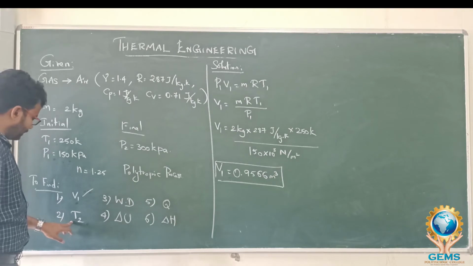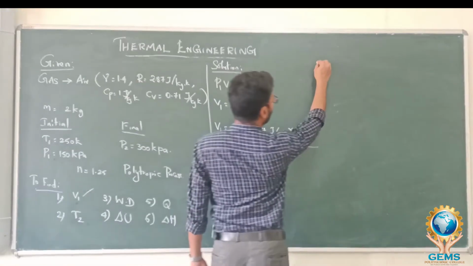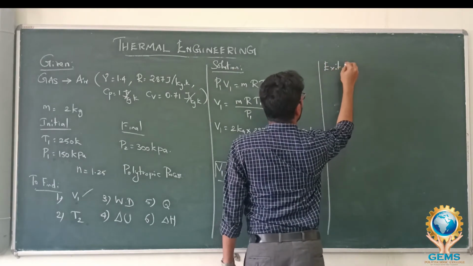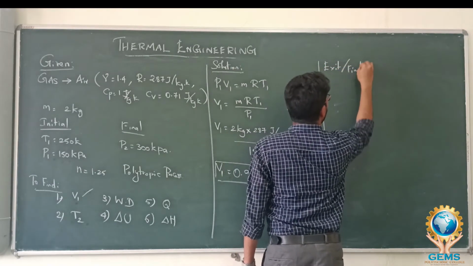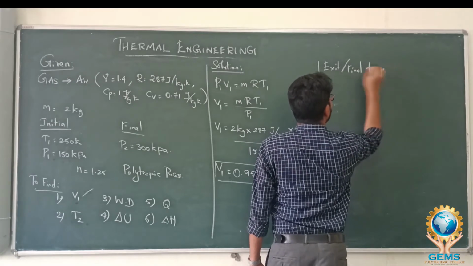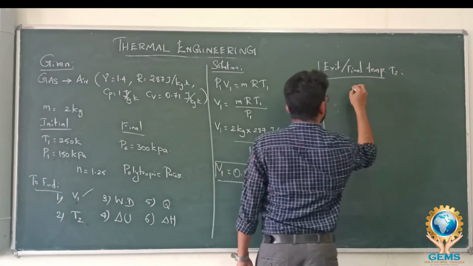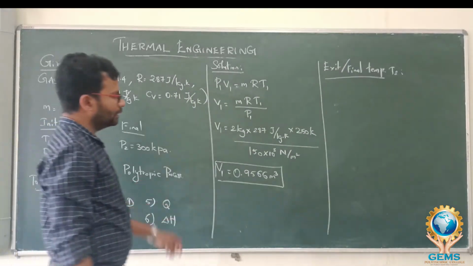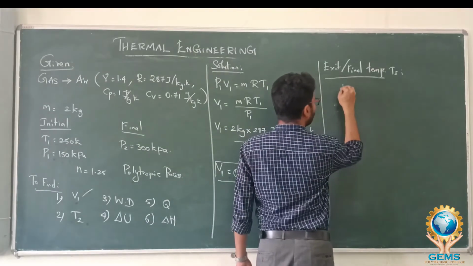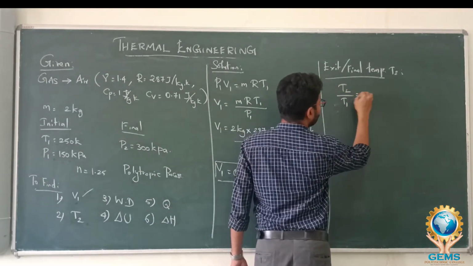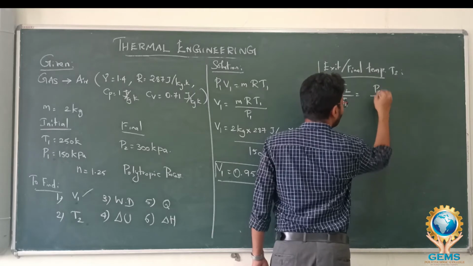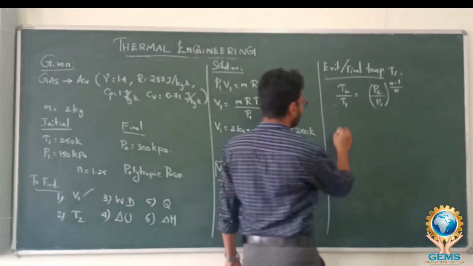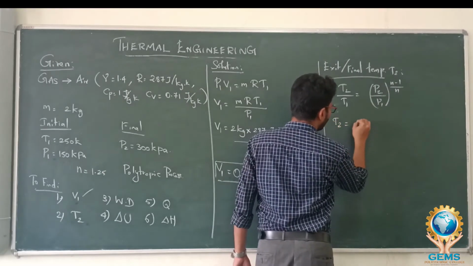So now we find out the V1 value. Then we are asked to find out the exit or final temperature, that is T2. For polytropic process, the temperature and pressure relationship will be T2 by T1 is equal to P2 by P1 to the power of n minus 1 divided by n. From this equation we are going to find T2.